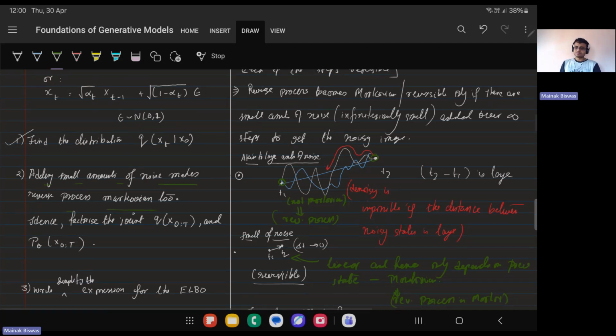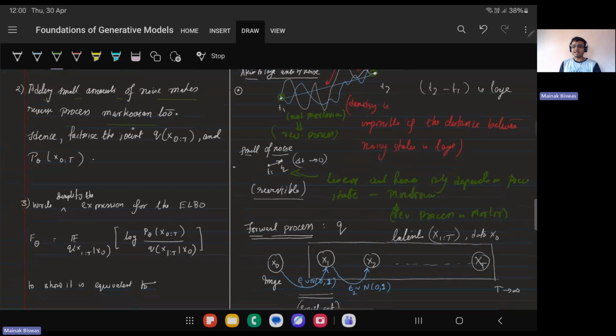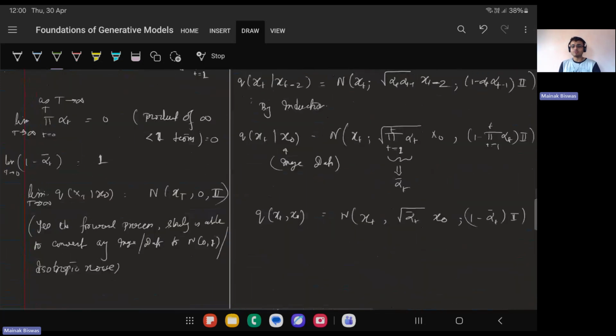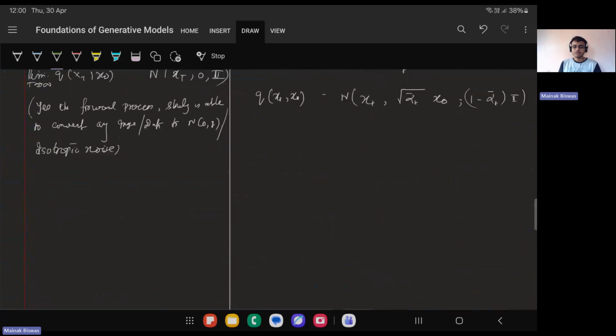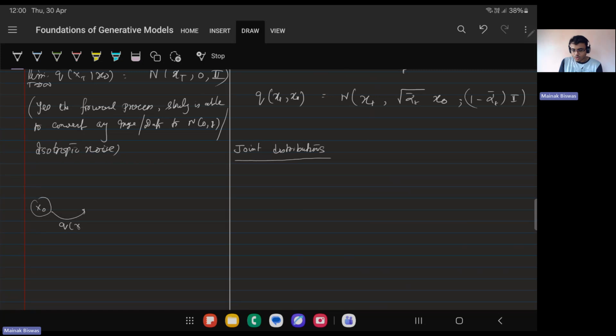Right? So let us try and write down the joint distributions of the encoder and the decoder. That will help us. So the joint distribution for x0 is q of x1 given x0, and so on all the way to xT, q of xT given xT minus 1.